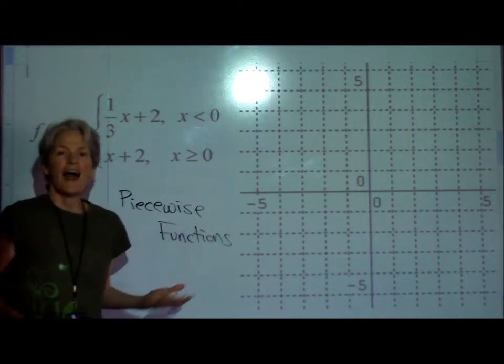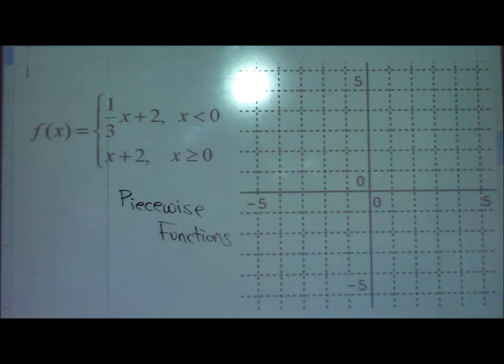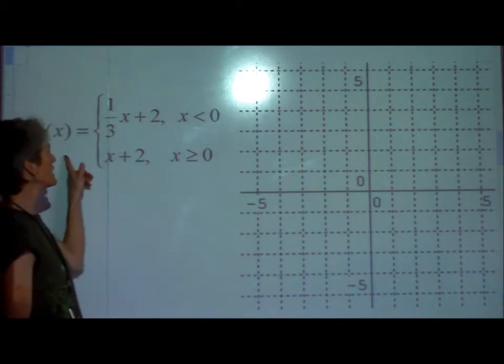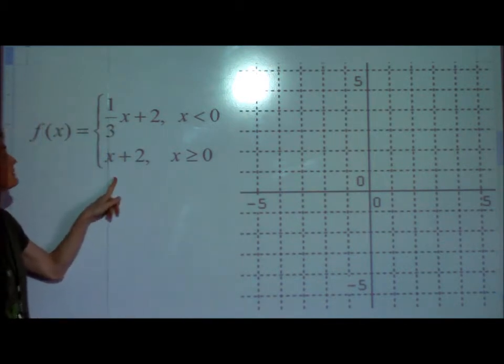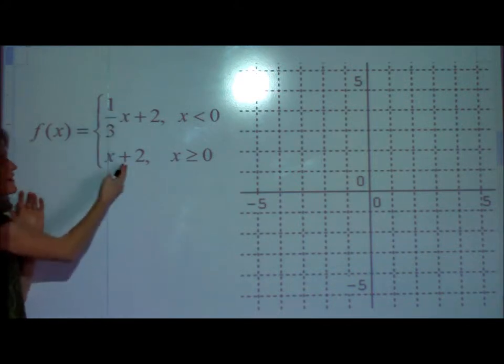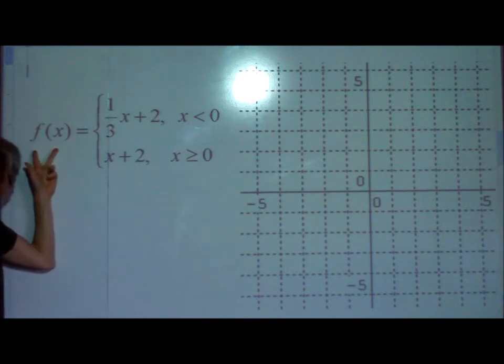So, how can we graph these? Here's an example of how we're going to be graphing these things. The notation seems a little funny at first, but actually it's just saying this is one function. Even though the function is in two different pieces, I'm referring to it as one function.